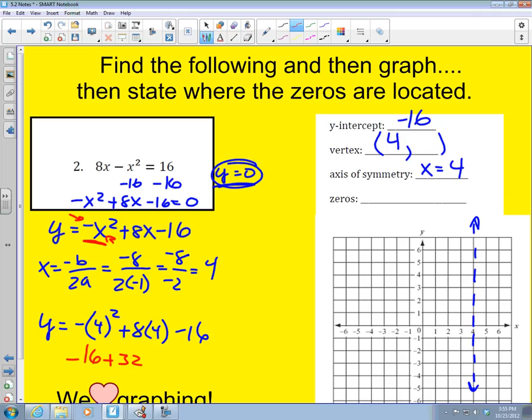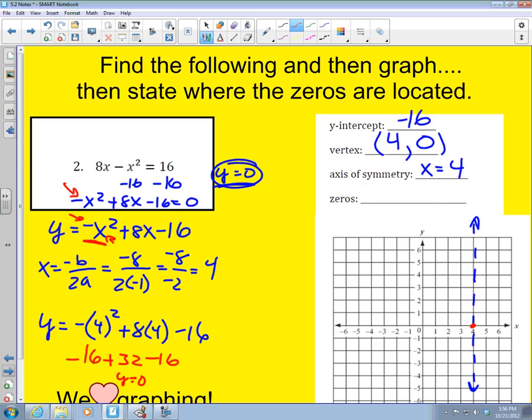Plus 32 minus 16. That is equal to 0. Well, that's kind of nice. We just found our solution. 4, 0 is right here. I know it opens down because it's a negative x squared.